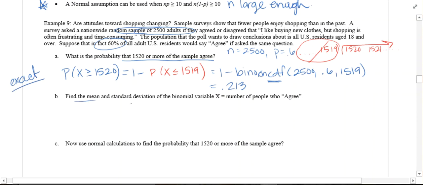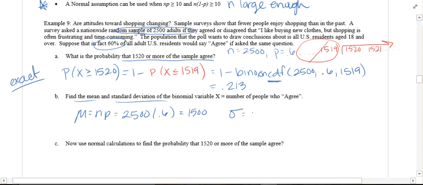So for part B, we're going to find the mean and standard deviation. So again, mean is n times p, so 2500 times 0.6. So that's 1500.